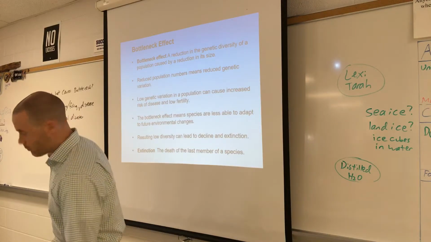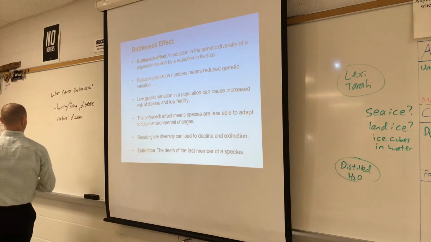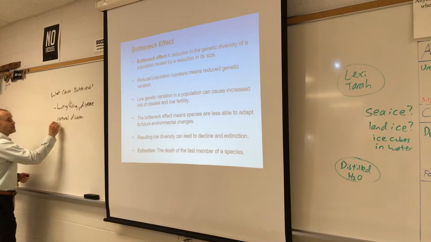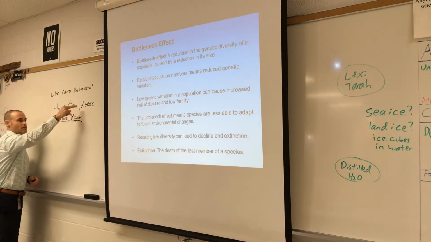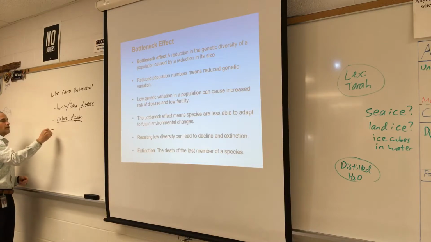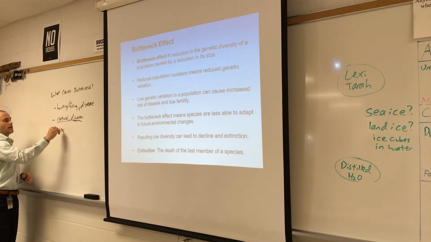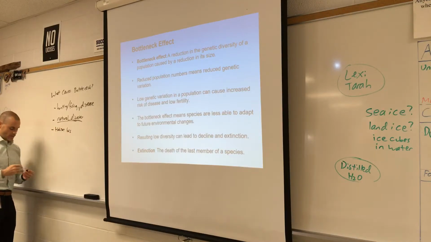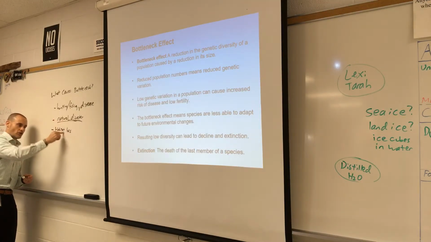I only have one more thing written down here. So all of these would be direct hits to the species. The other one I'm just going to give you here is more general, just habitat loss. That could come from a variety of different reasons. This natural disaster could cause that. Humans can cause that, right?